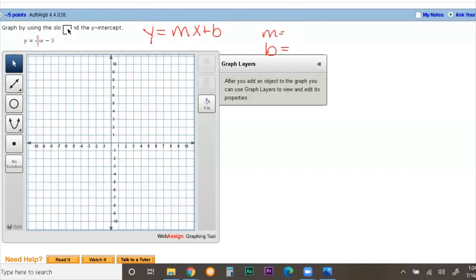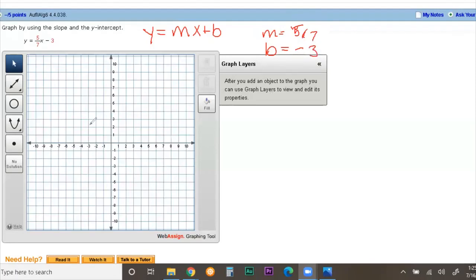So if we look here at 5 over 7x, 5/7 is our m. And where we have the plus b in our equation, over here we have -3. So that means that the y-intercept is -3.